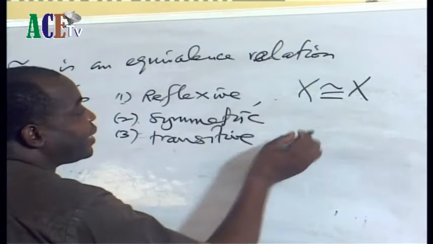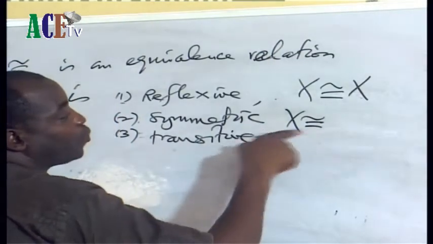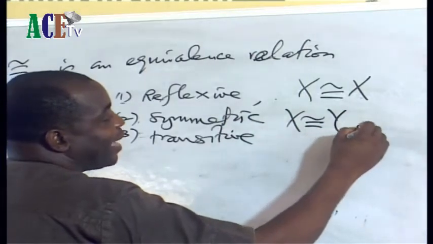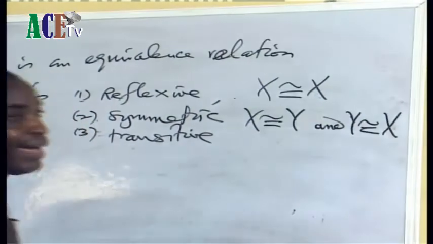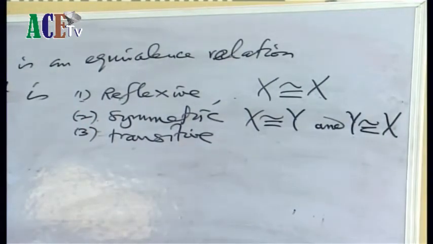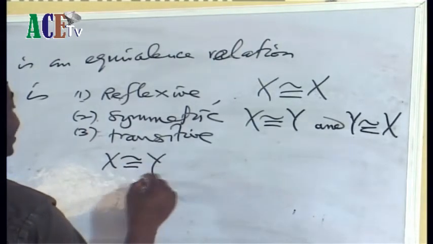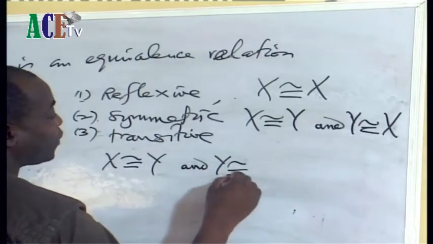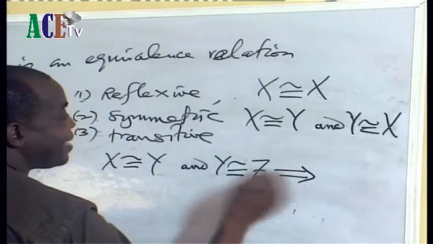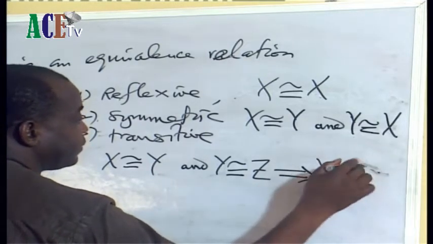By symmetry, it means that X is homeomorphic to Y and Y is homeomorphic to X. And then by transitivity, which is this third condition, X is homeomorphic to Y and Y is homeomorphic to Z implies X is homeomorphic to Z.